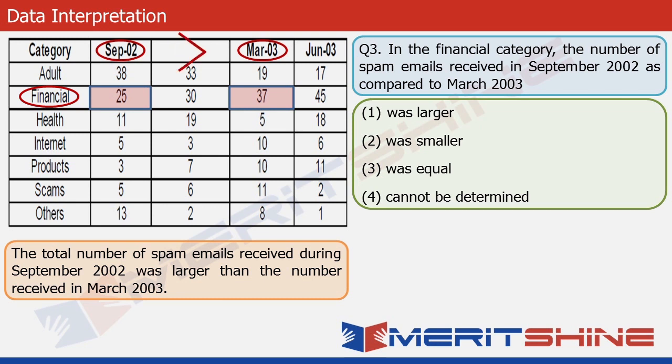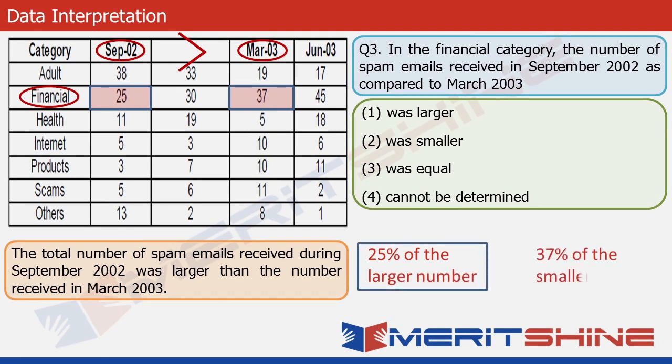So we need to compare 25% of a larger number with 37% of the smaller number. We cannot answer this because we do not know by what percentage the larger number is bigger than the smaller number. So in this case, we cannot figure out which is the bigger of the two quantities, and hence our answer would be option 4, cannot be determined.